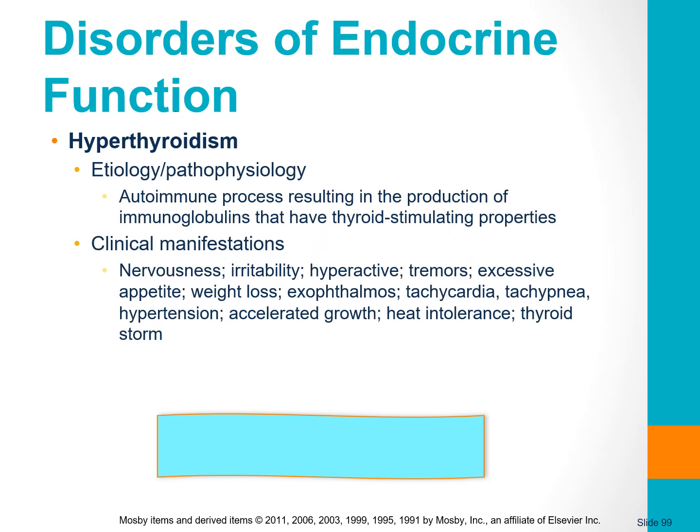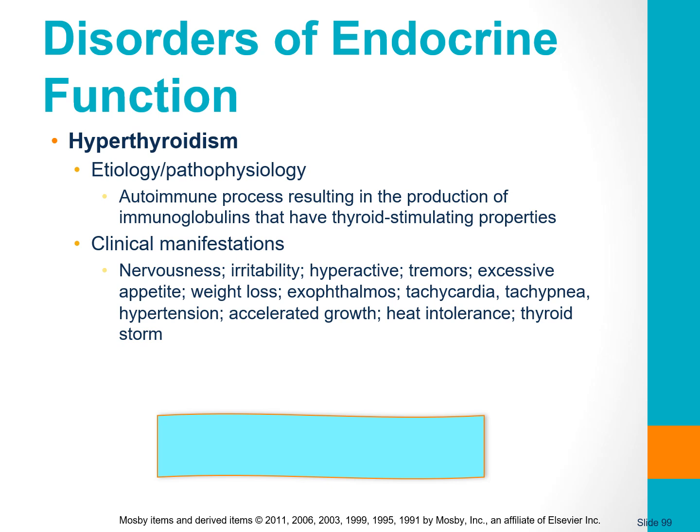Okay, hyperthyroidism. So this is an autoimmune process resulting in the production of immunoglobulins that have TH stimulating properties. So the exact cause is unknown. They think it's autoimmune. It's very rare in young children, typically seen in Graves' disease or in conjunction with that diagnosis.